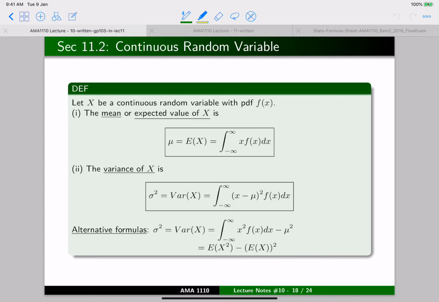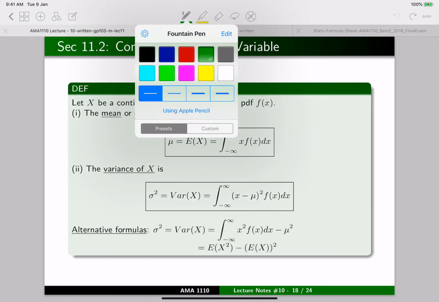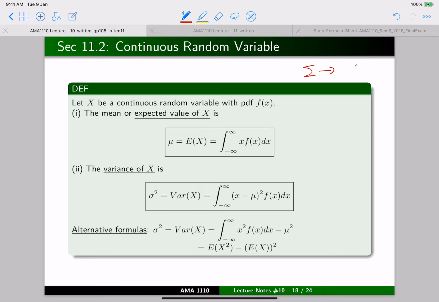So with every random variable, we can associate a mean or expected value and a variance, just like in the discrete random variable case. When we go from discrete to continuous, the sum turns into an integral sign.